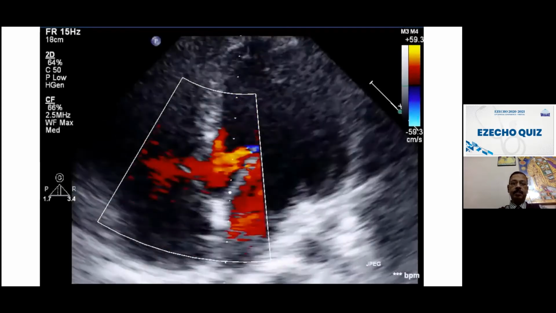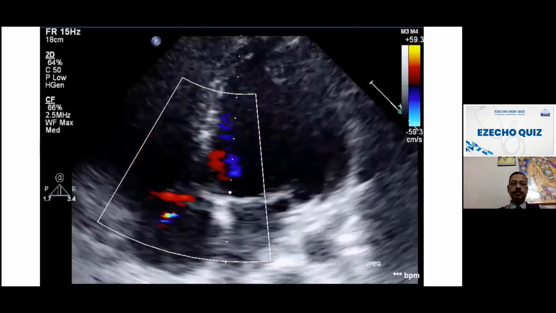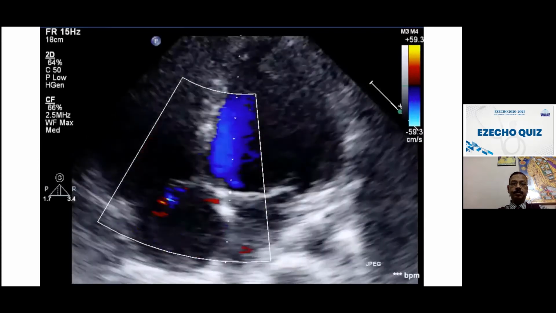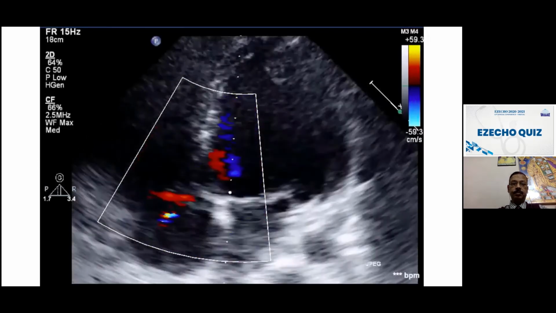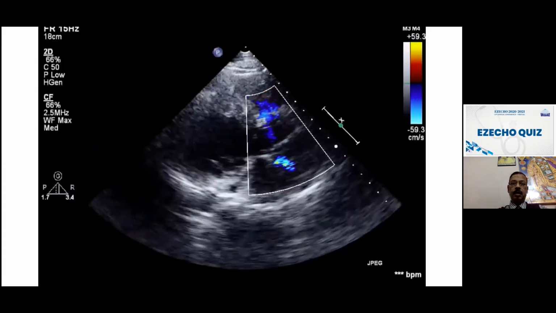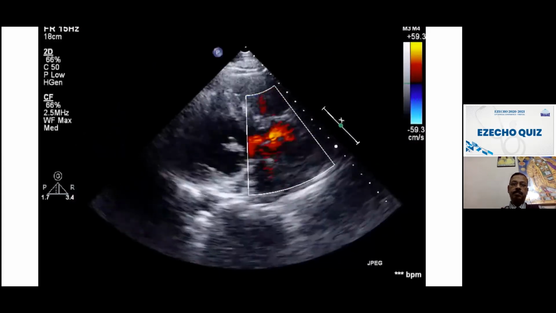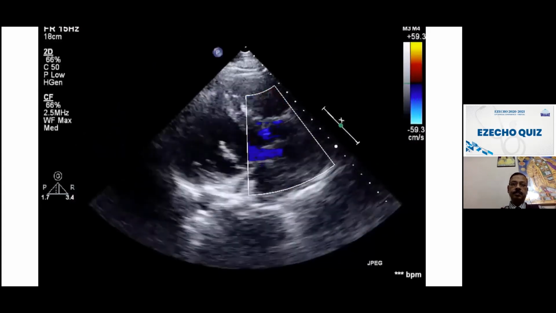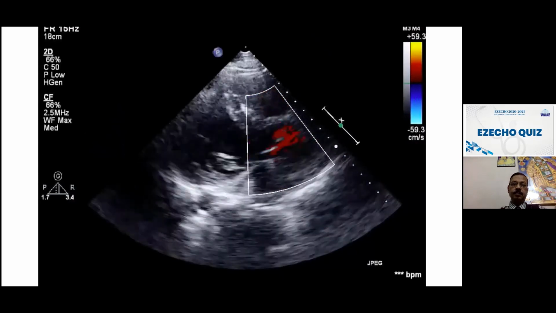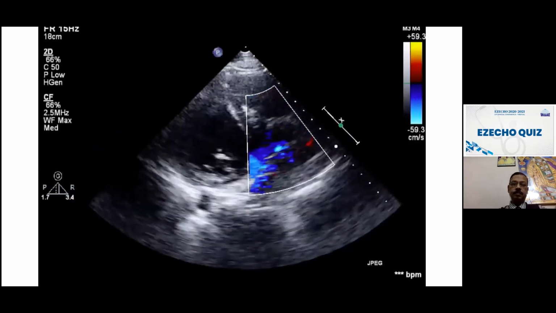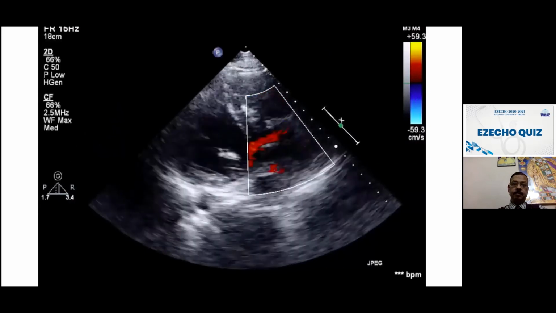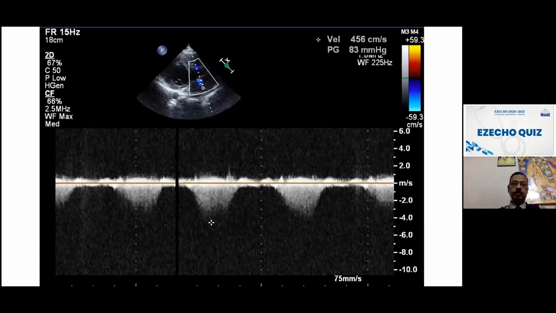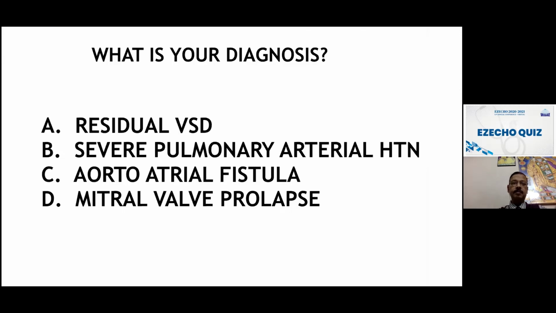And this is another clip, and probably the last clip. What is your diagnosis?